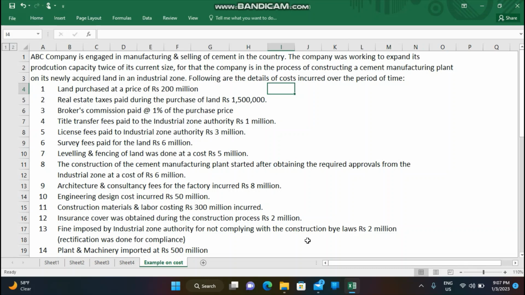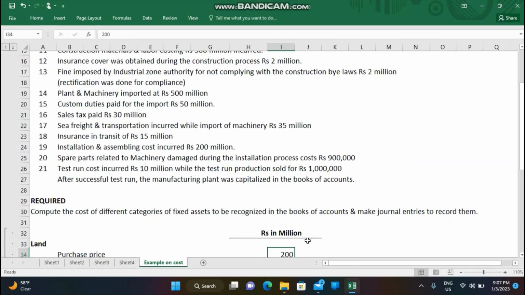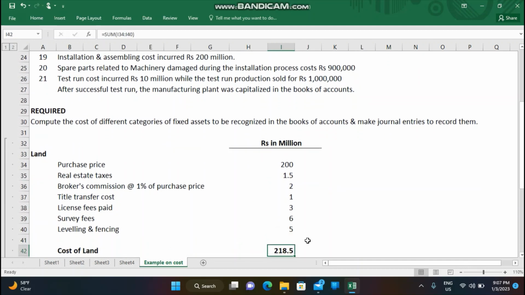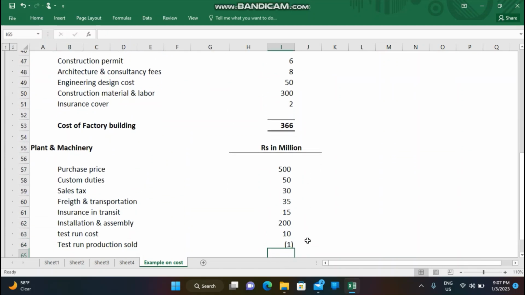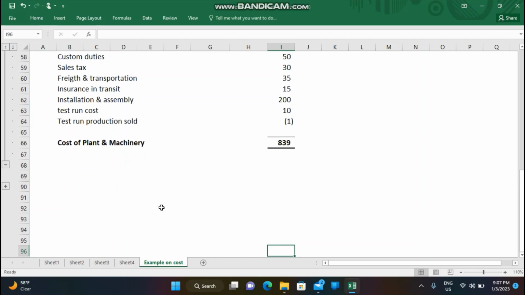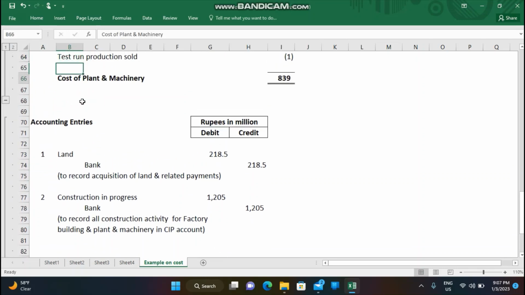I'm just ignoring the time element here so that the accounting will be explained in an easy way. Now let's move to the accounting entries.